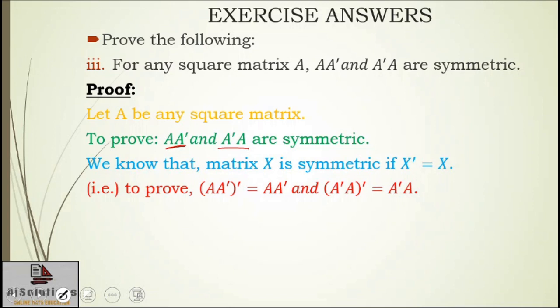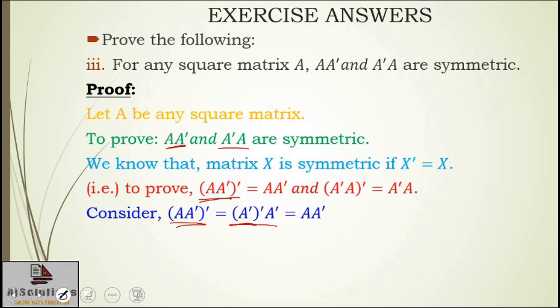This is again the LHS equals RHS type. So you are going to consider the LHS. After considering the LHS, I am going to apply property number 4 of transpose of a matrix. That will give you this.